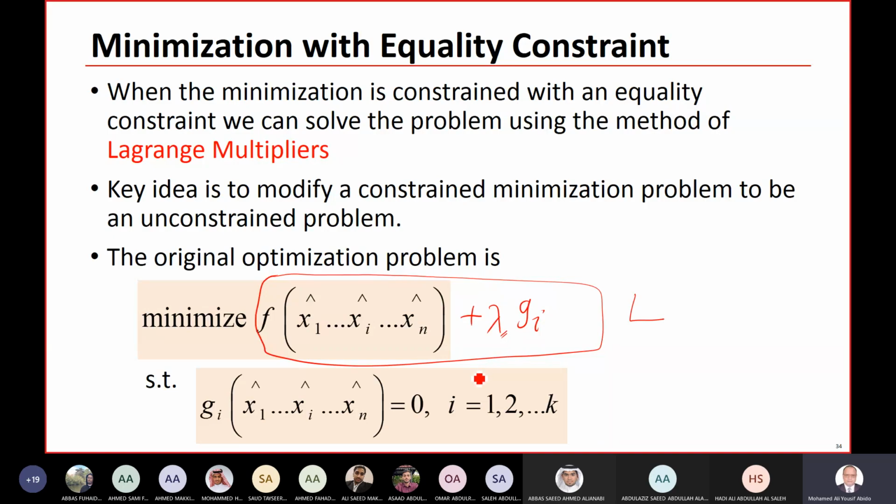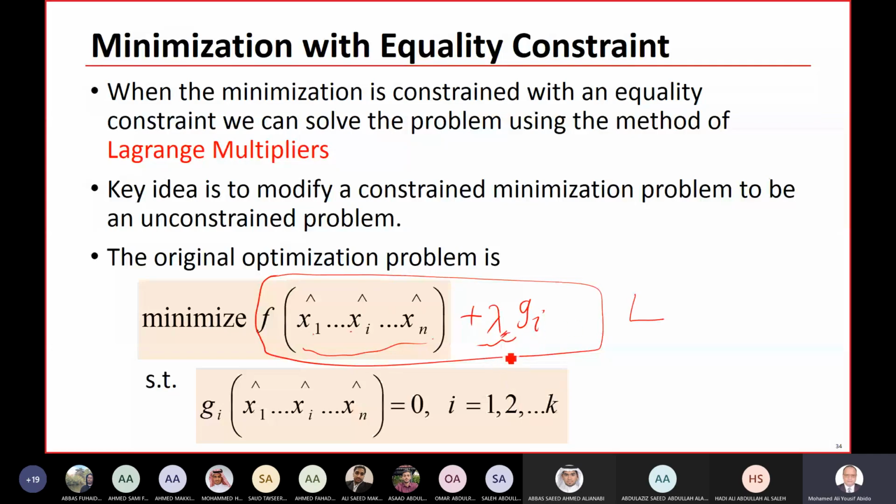So in this case, if you think about it, we increase the number of variables that we have. We have x1, x2 up to xn. We need those, and also we need lambda in this case. Lambda is a variable. So we convert the problem from being constrained to unconstrained at the expense of increasing the variables by one.